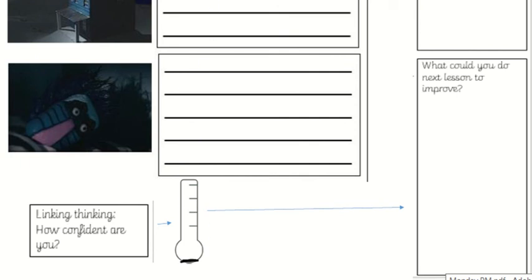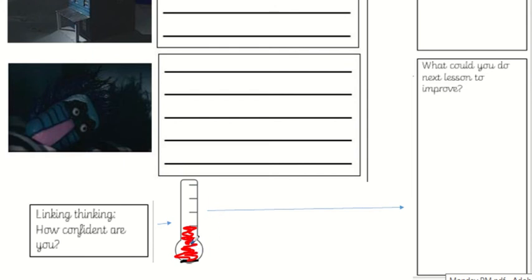Now, me personally, I think I am about here. Because actually, I'm kind of confident with using fronted adverbials, but I'm not too sure about how confident I am using it in a narrative. So I need to think about the sentence that goes afterwards in order to make it sound like a really good story.